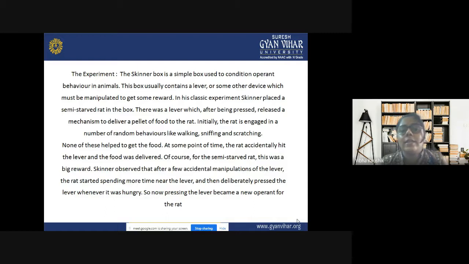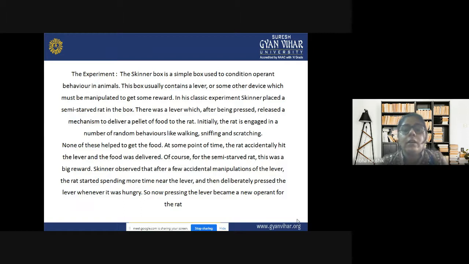In his classic experiment, Skinner placed a semi-starved rat in the box. There was a lever which, after being pressed, released a mechanism to deliver a pellet of food to the rat.